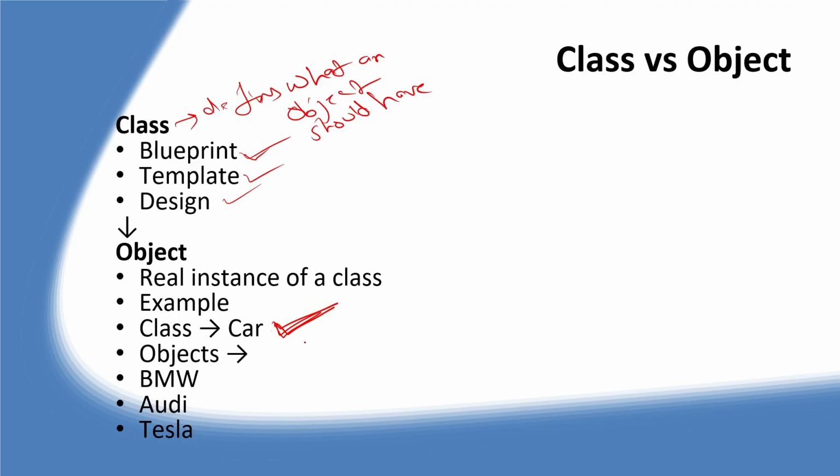Now, individual cars we have BMW, Audi, Tesla. These are objects. You can create 1,000 objects from a single class. Think of a class like a mold.